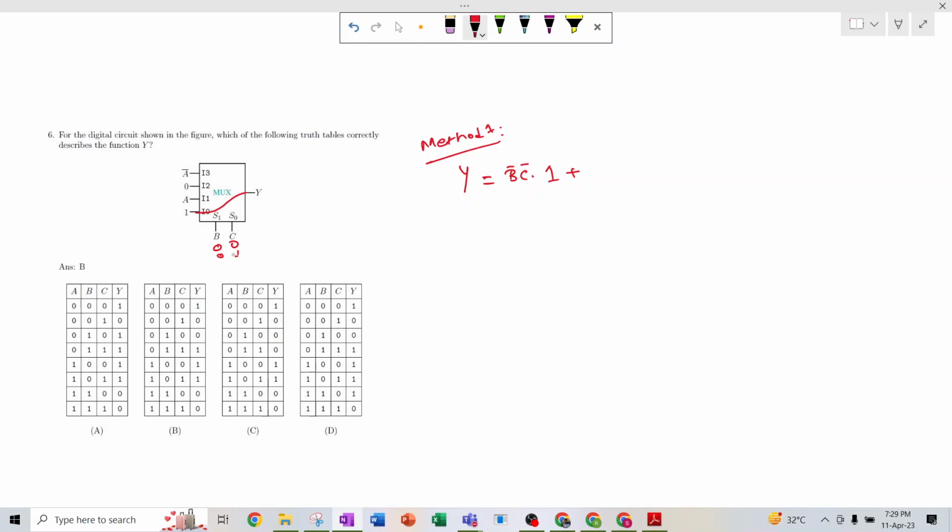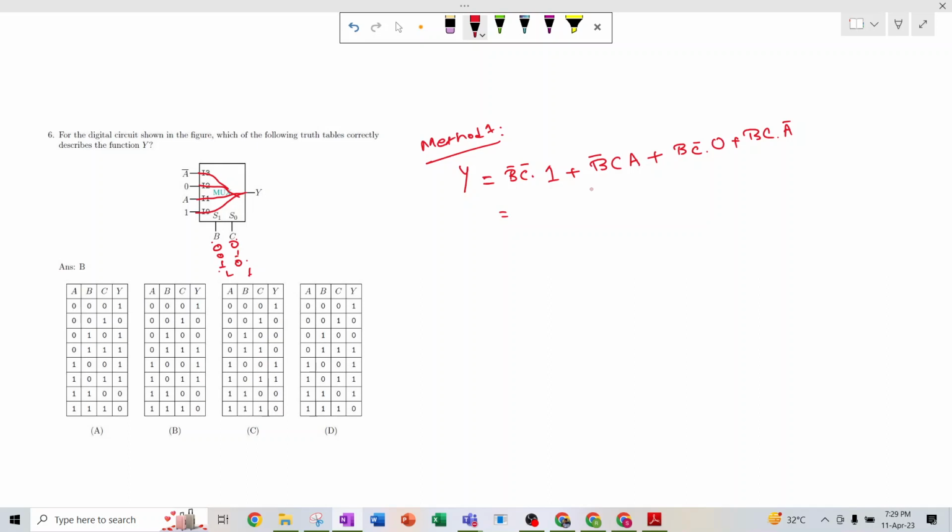So with 0 1, it will choose I1, that will choose a, right? So whenever b is 0 and c is 1, b bar c, then it will choose a. Plus whenever this is 1 0, then it will choose I2, that is b c bar, right? b is 1 and c is 0, so c bar, and that will choose 0. Plus when it is 1 1, then the output will be I3, right? So 1 1 means BC, then the output will be A bar.